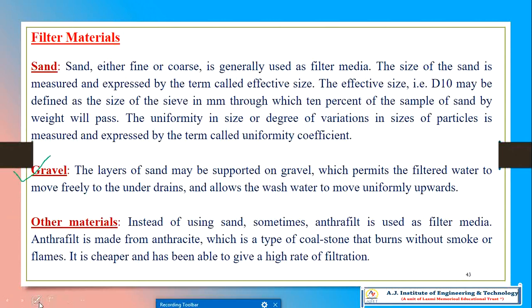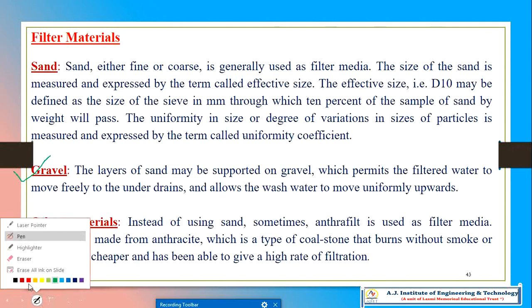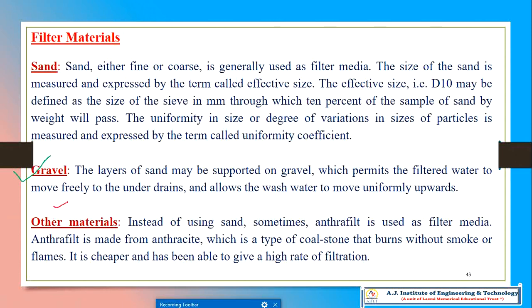Another media is called gravel. What is gravel? The layer of sand may be supported on the gravel, which permits the filtered water to move freely under the drains and allows wash water to move uniformly upwards.